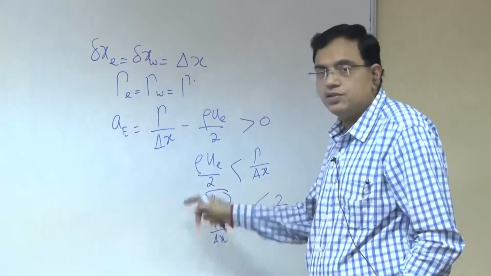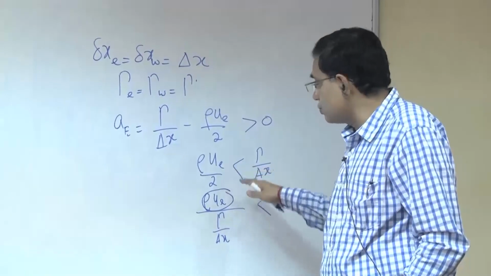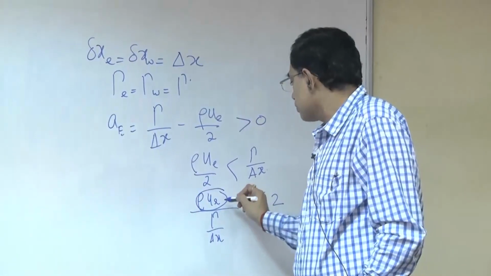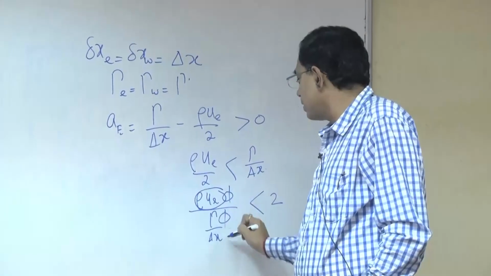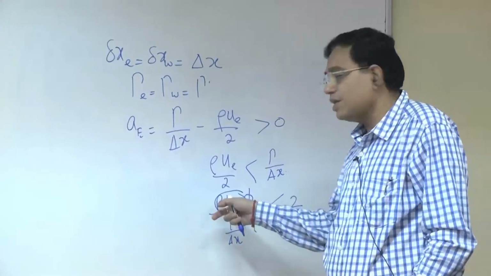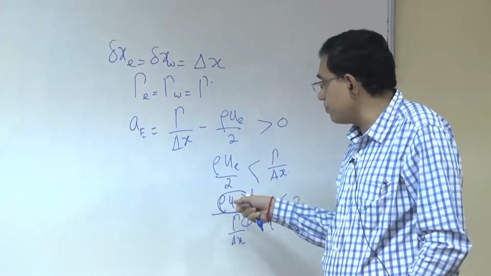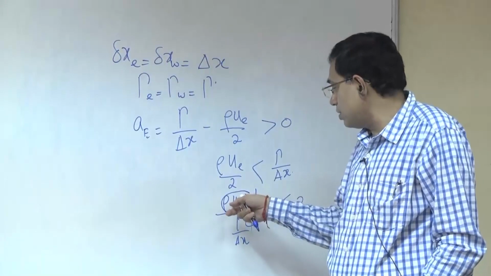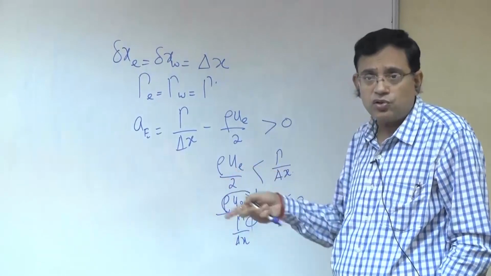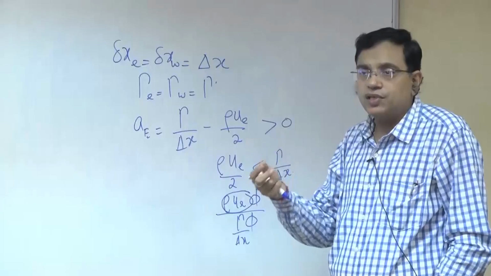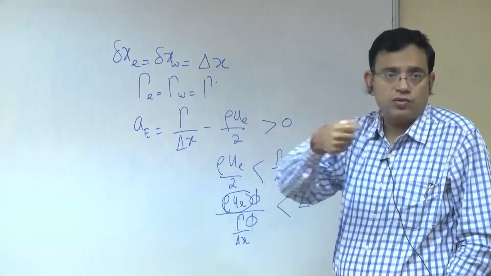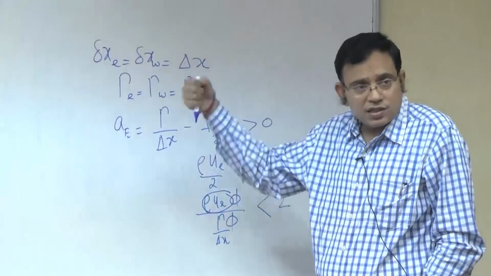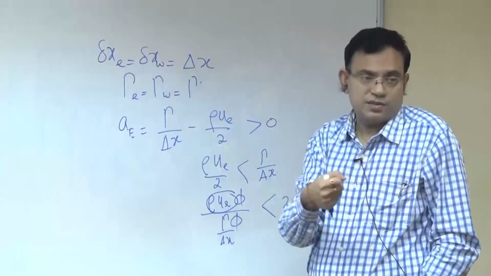Why I have written it in this way is because this represents what? This represents the strength of advection. So, if you multiply say both numerator and denominator by phi, so this is the strength of transport of phi due to fluid flow. So, more the velocity, more will be the transport. So, it is quite intuitive, say you have very strong wind blowing over a surface. So, if there is some heat, faster the wind is blowing, faster it will carry the heat.